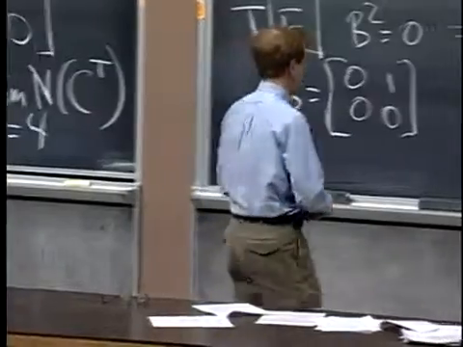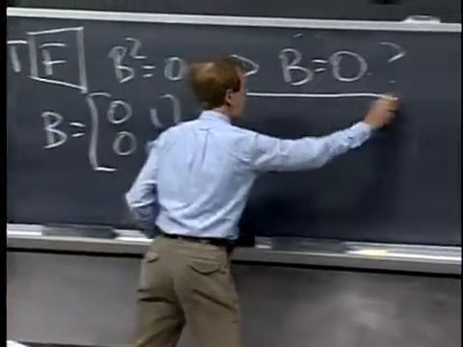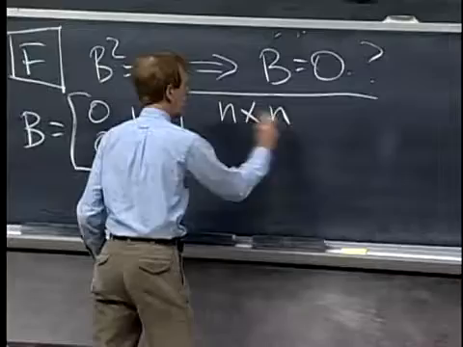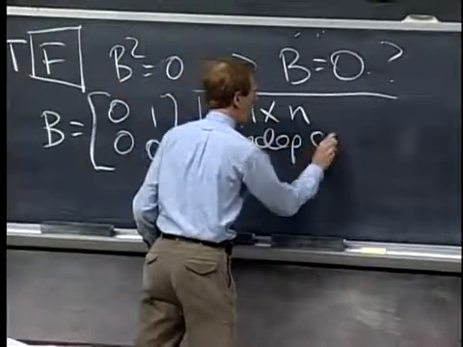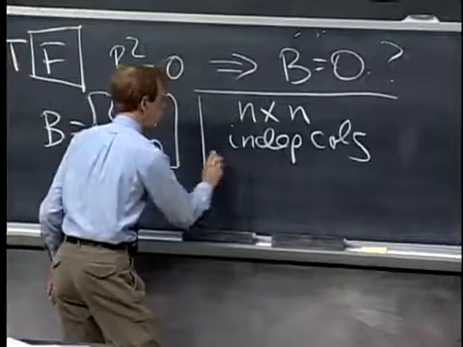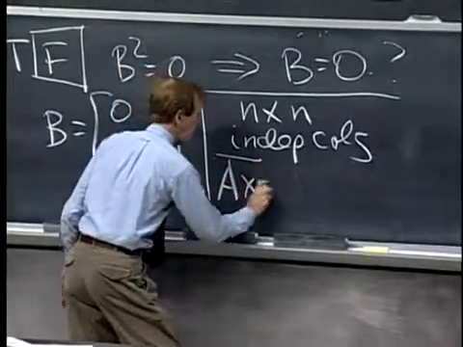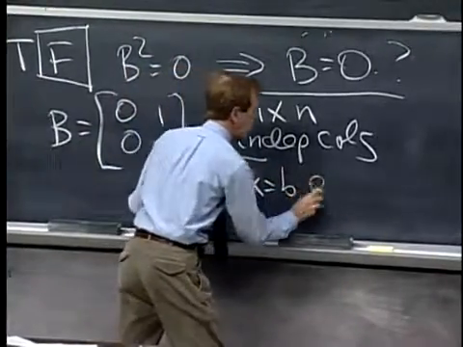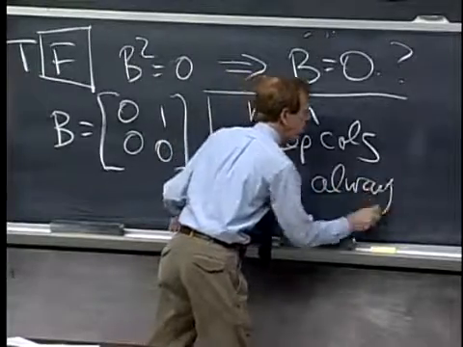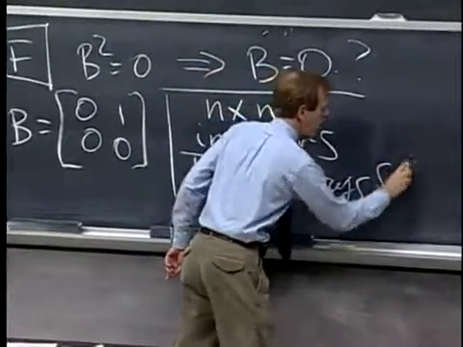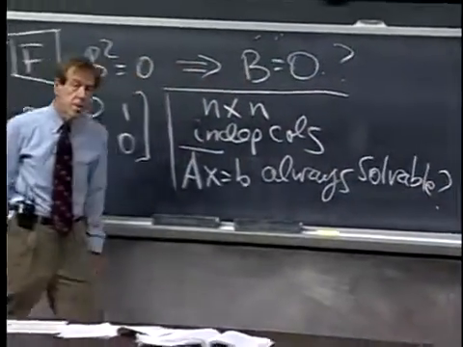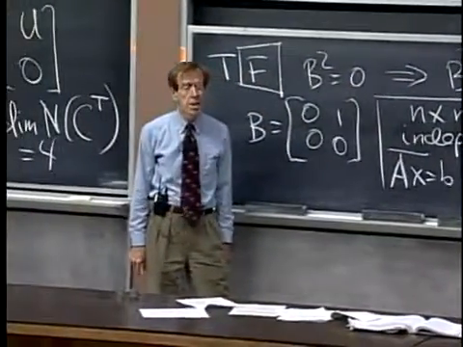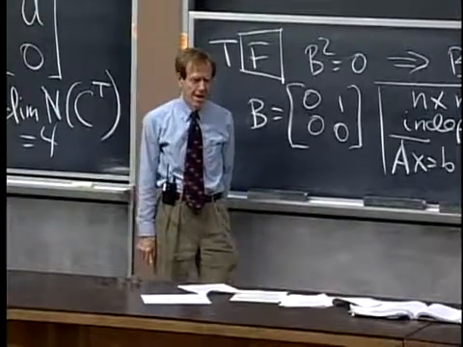I'll write it down for short: n by n matrix, independent columns. Then the question is, does AX equal B? Is it always solvable? And the answer is yes or no.